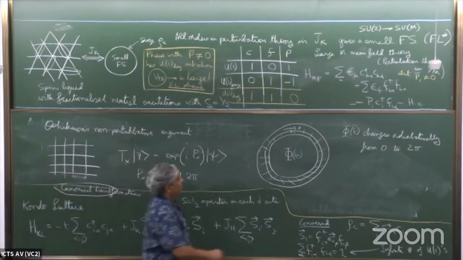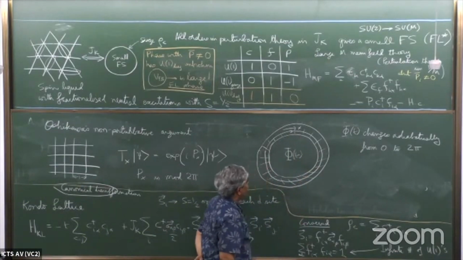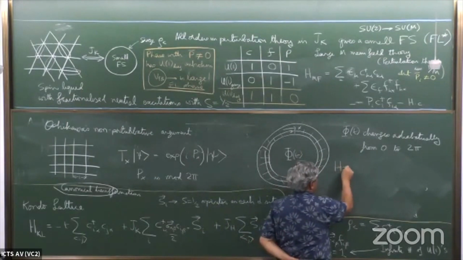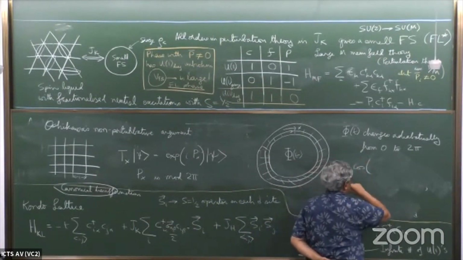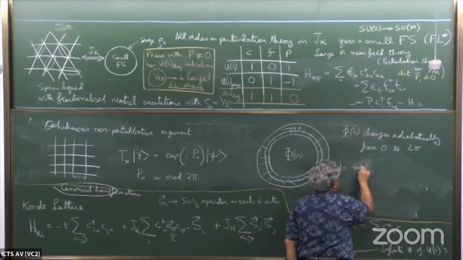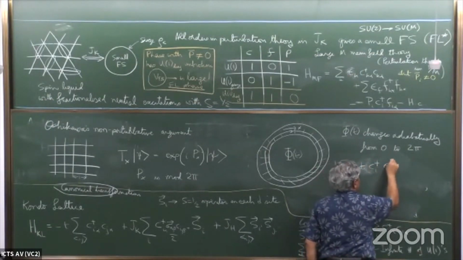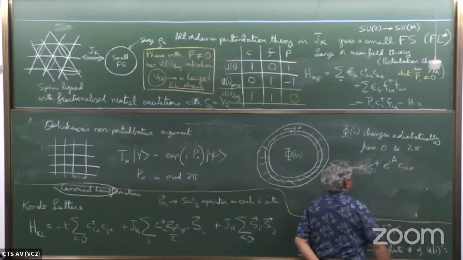So let's just consider a simple tight binding model of electrons moving in this direction, and then the Hamiltonian would be minus t c dagger i e to the i, the vector potential, which is a constant, e to the i plus x.